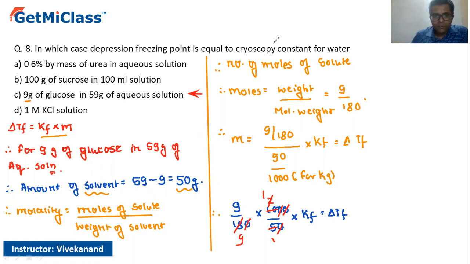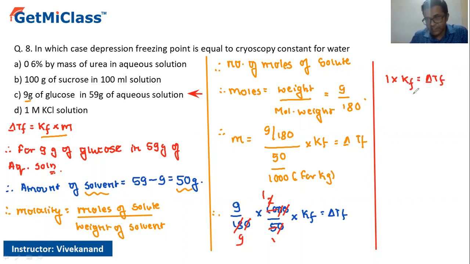So in this entire scenario, when we are taking 9 grams of glucose, it is giving me 1 into Kf is equal to delta Tf. That means delta Tf is becoming equal to Kf. So in this case, the depression in freezing point is becoming equal to the cryoscopy constant.